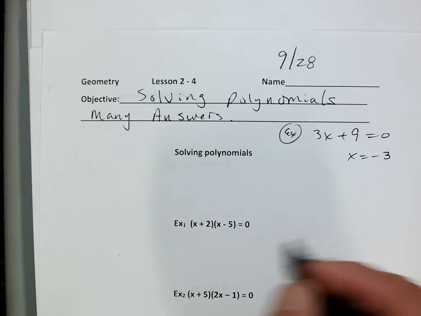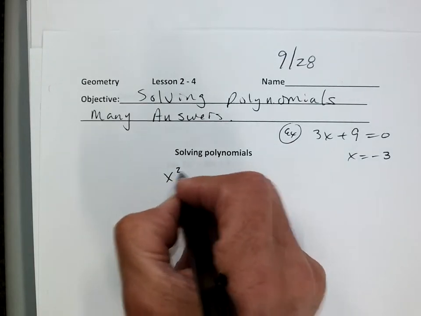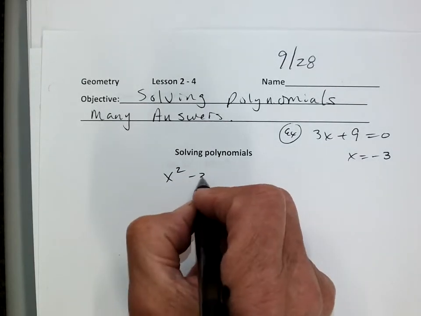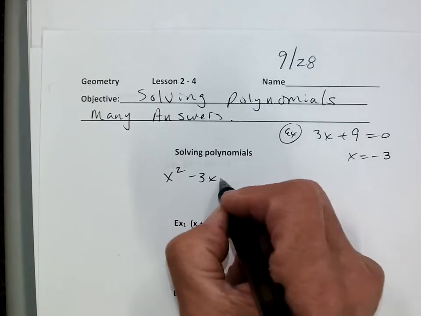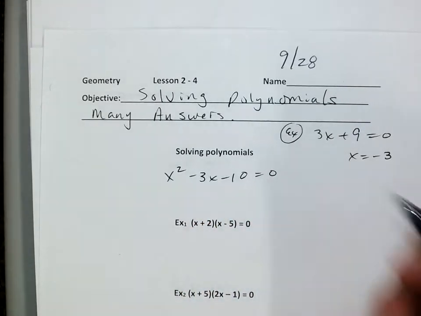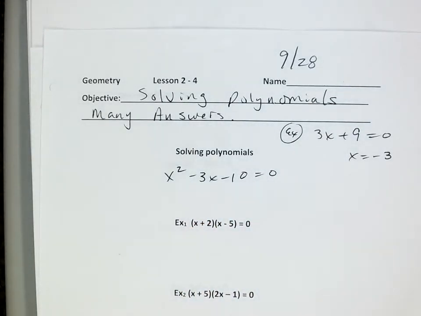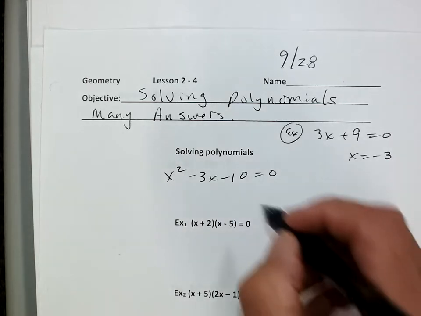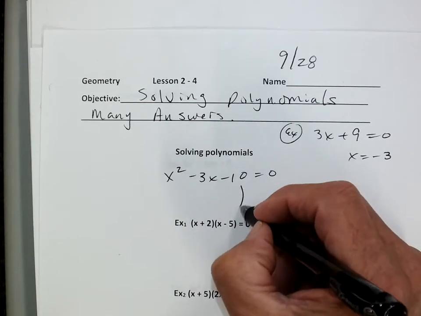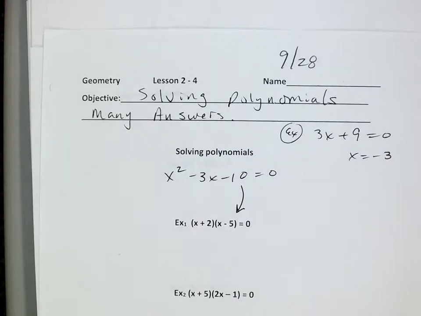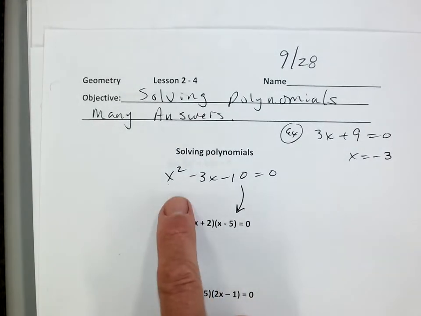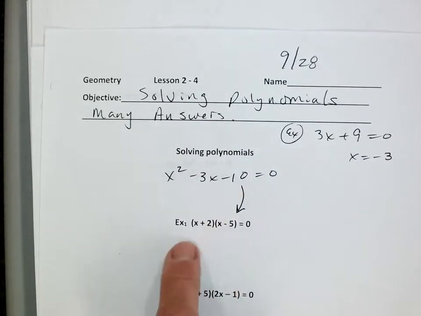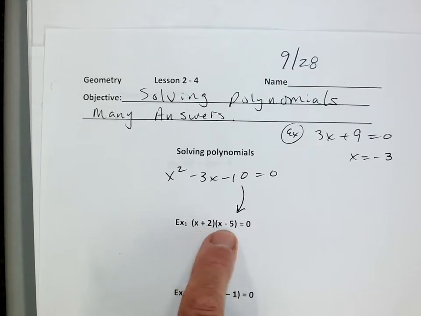As an example, if I had x squared minus 3x minus 10 equals 0, well, this example actually came from this problem here.